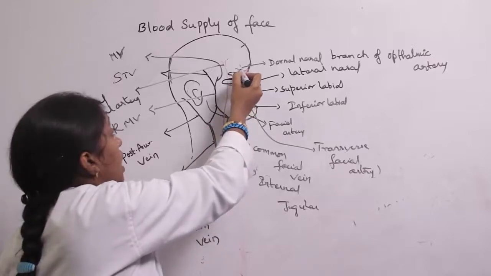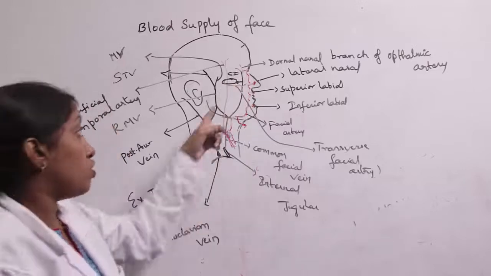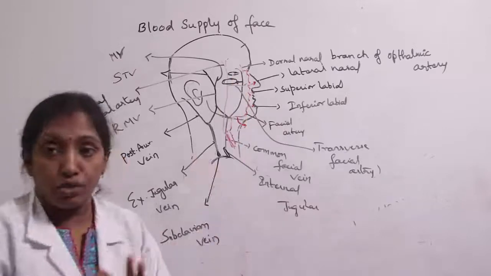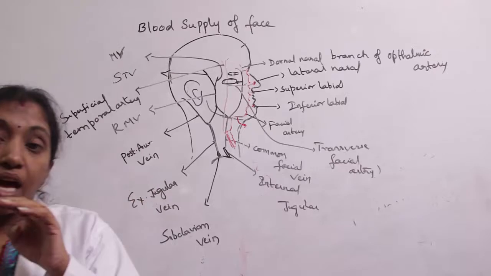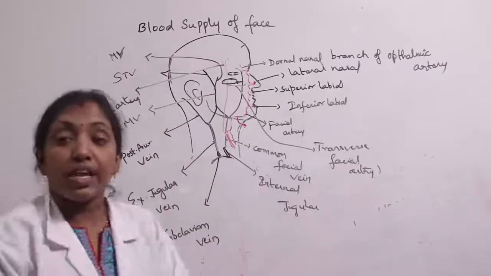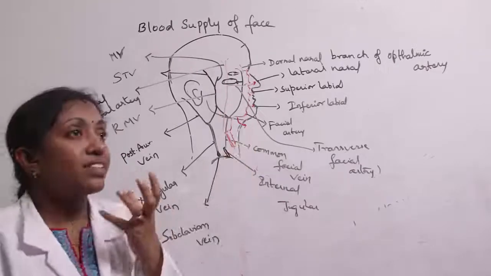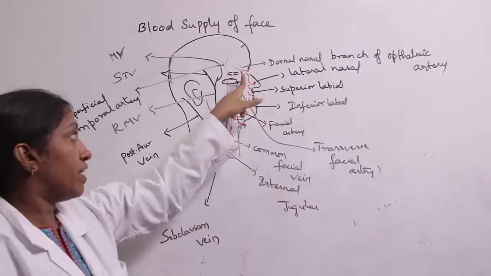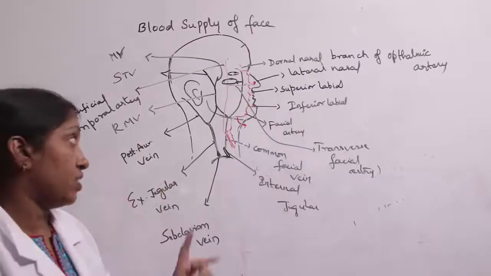Because the facial vein is devoid of valves, the lower part of the nose and the upper part of the lip is called the dangerous area of the face. If any infection occurs in this area, the infection goes in the retrograde direction.